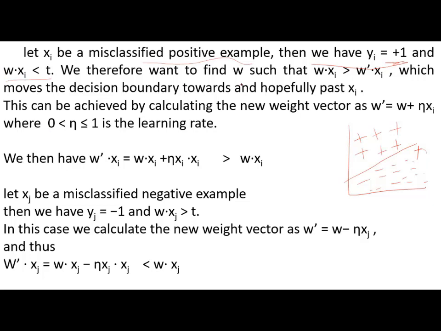We therefore want to find w' such that w'·xi is greater than w·xi, which moves the decision boundary towards, hopefully past, xi.